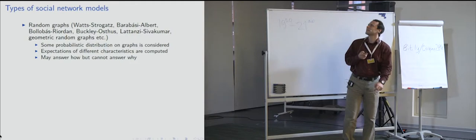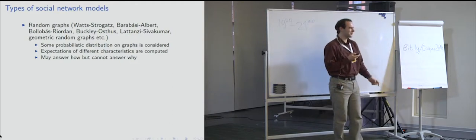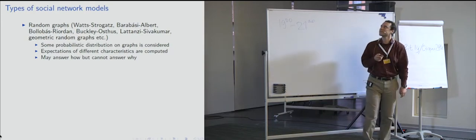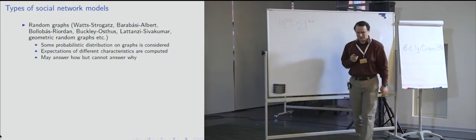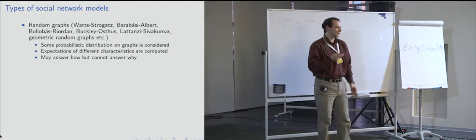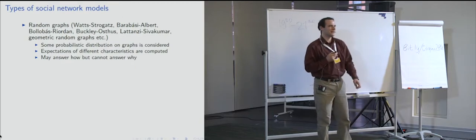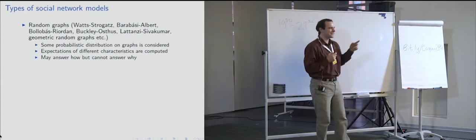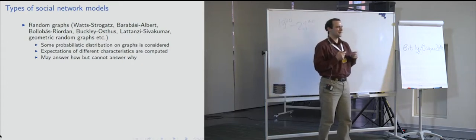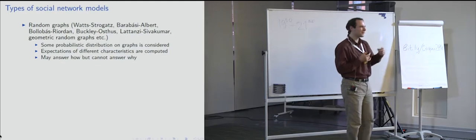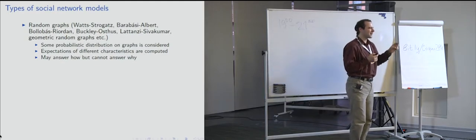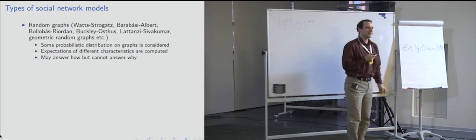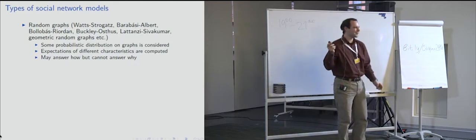And the Barabási-Albert model is good for power law degree distribution, but not always good for clustering coefficient, and so on. They also all have an inherent disadvantage that they do not answer the question why these features emerge. They may answer the question how you can obtain such features from some artificial process, but they cannot answer how they emerge in reality.